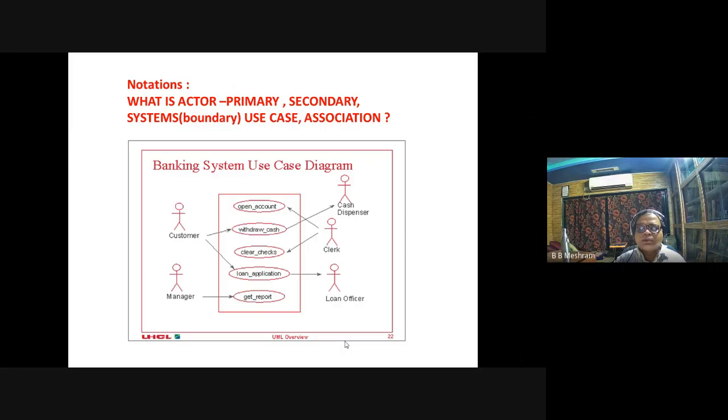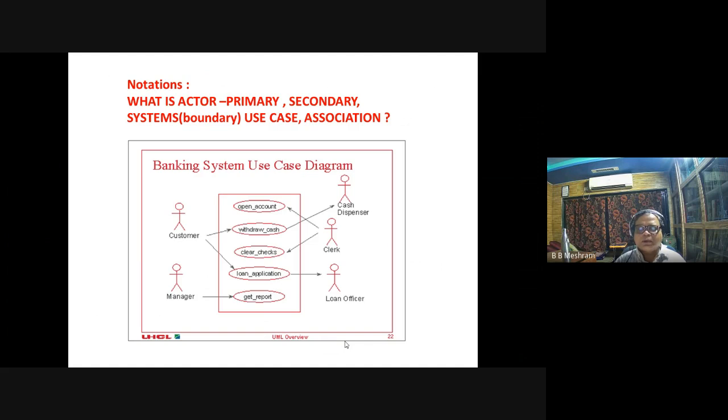Primary actors are placed at the left hand side, while secondary actors are placed at right hand side. In this diagram, customer is a primary actor, cash dispenser, which is placed at the right hand side, is a secondary actor.